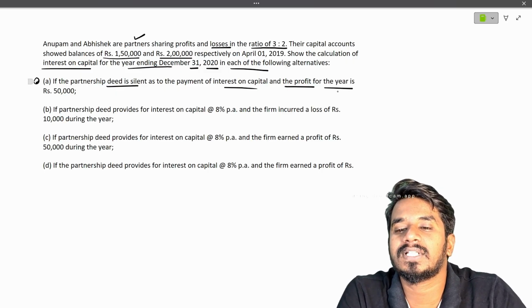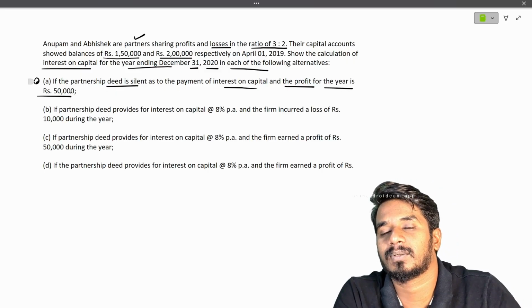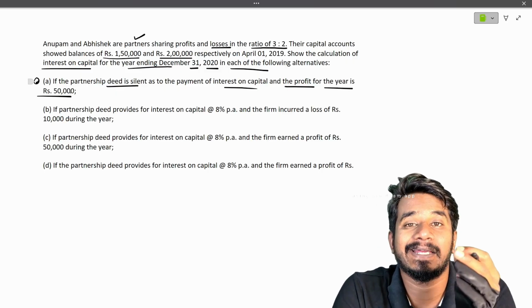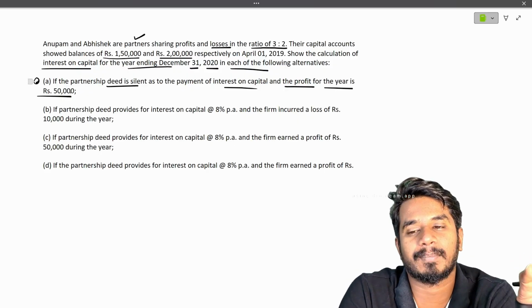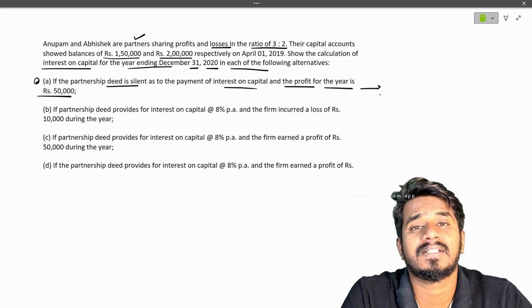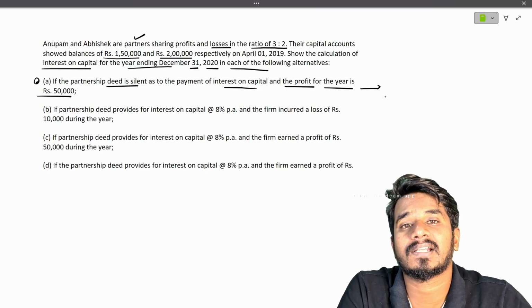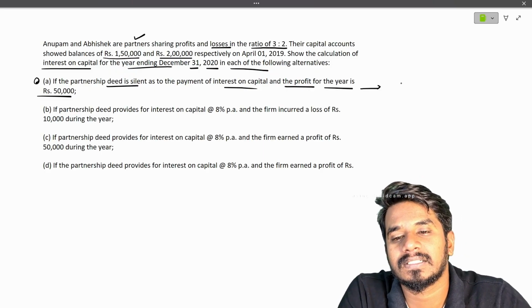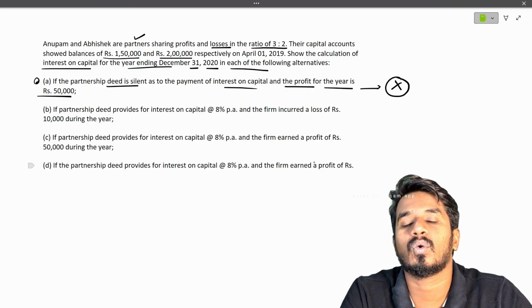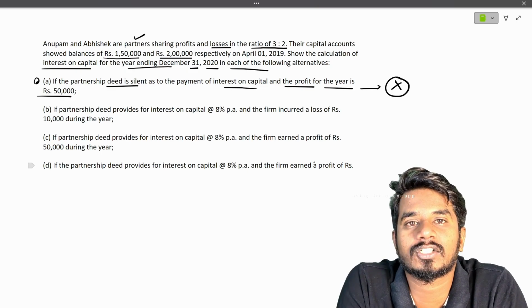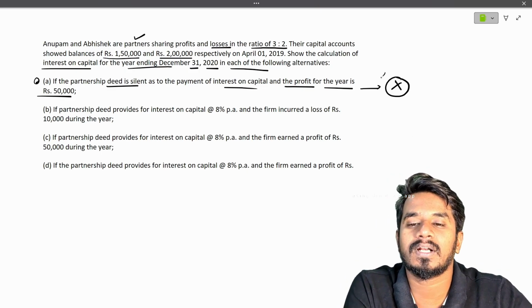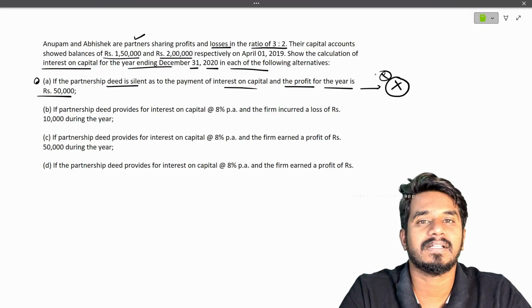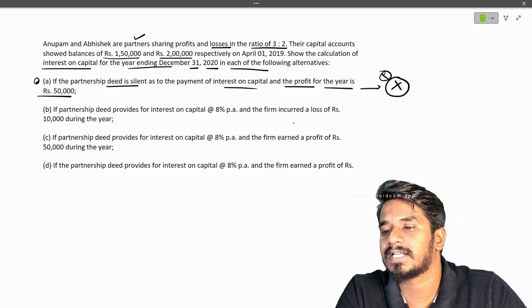The profit for the year is 50,000. Profit is there, but in the agreement they didn't mention anything about interest on capital. So if there is nothing in the agreement regarding interest on capital, then the firm won't pay interest on capital. Understood? There is no interest on capital.